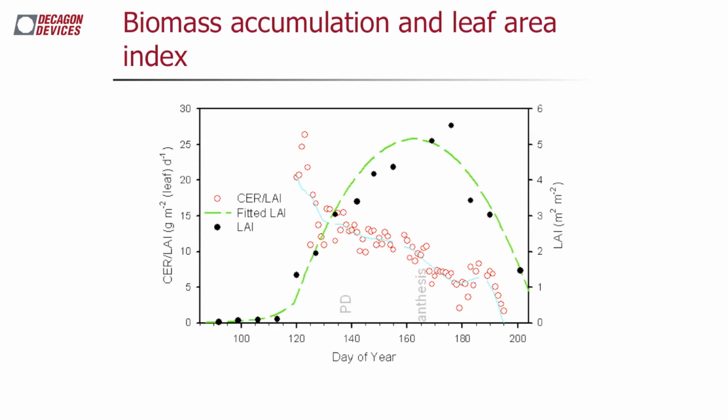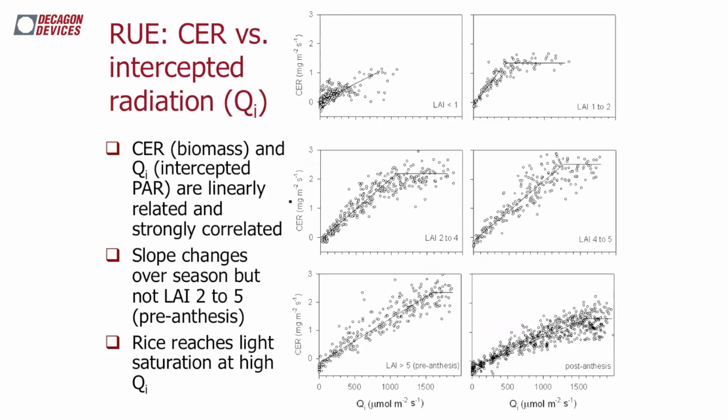You can see the leaf area index superimposed in the black dots. Those are our measurements. We fitted it with a function that's in green, and you can see how that changed over the season, and in fact really dropped off after anthesis as we got significant leaf senescence. Now just keep that in the back of your mind and look at the next graph, because you can see some of what was challenging to us once that came off.